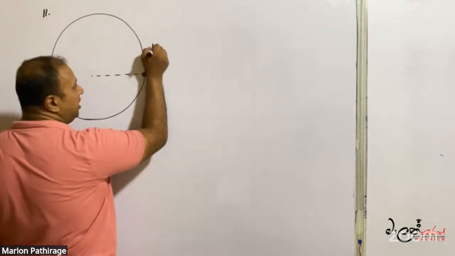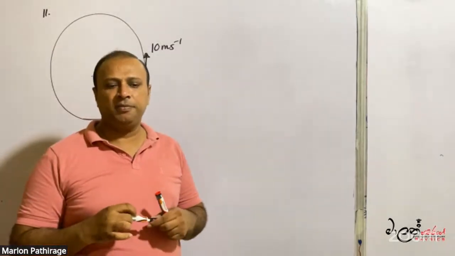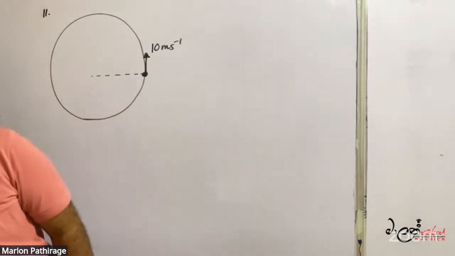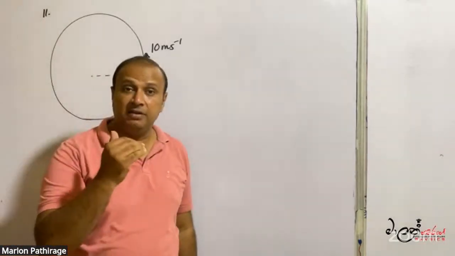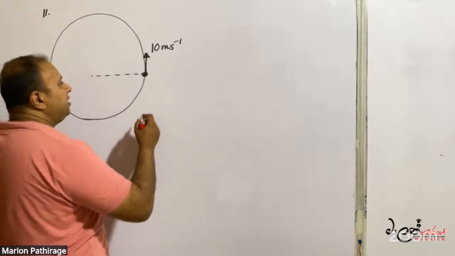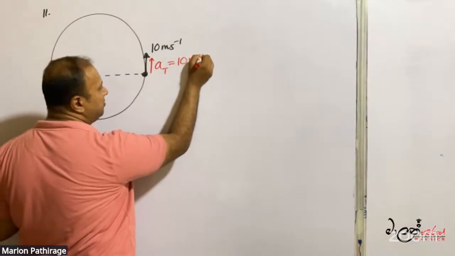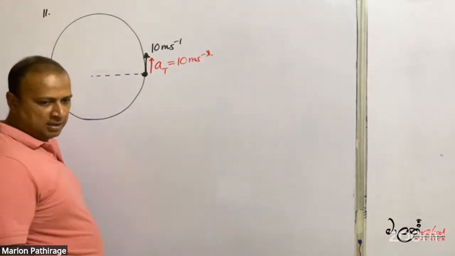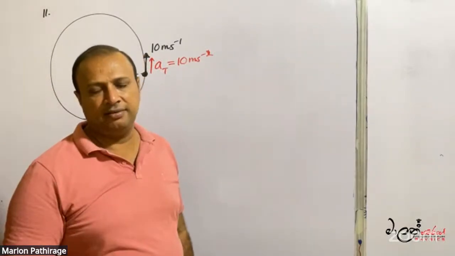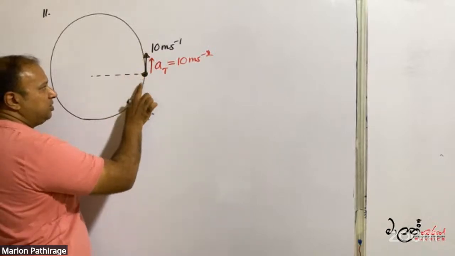The velocity is 10 ms minus 1 according to the data, and it says the velocity is increasing at a rate of 10 ms minus 2. That means it is given the tangential component of the acceleration. Tangential component of the acceleration is 10 ms minus 2. And you are asked to determine the angle between the resultant acceleration and the velocity. So velocity is known, that is 10 ms minus 1.